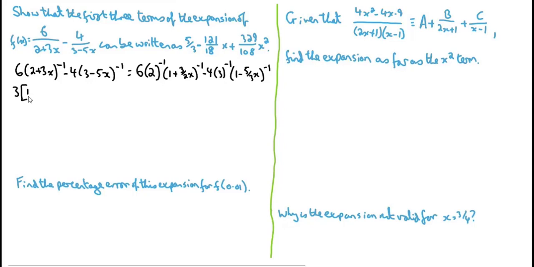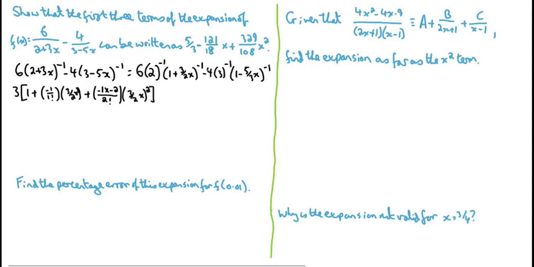So that expansion will be 1 plus, and then the minus 1 over 1 factorial, times by your 3 over 2 x. Then add to that your minus 1, now times minus 2, because that's 1 less, over 2 factorial. Then times that by your 3 over 2 x squared. Close off that bracket.